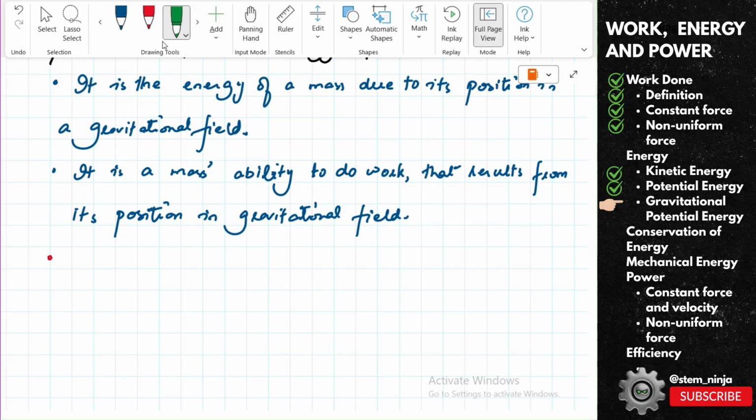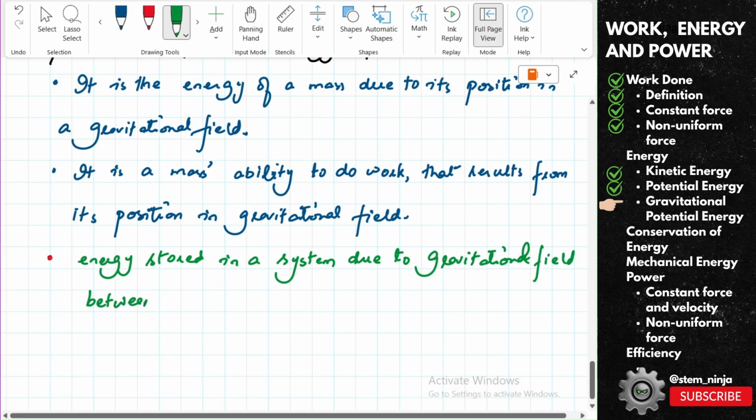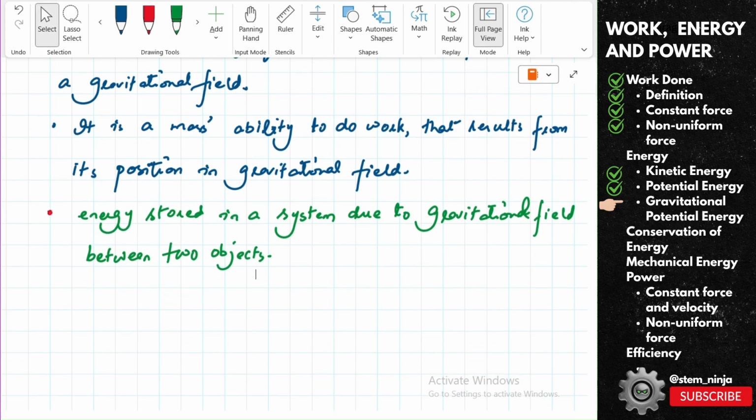So another fun way to define this is the energy stored in a system due to the gravitational field between two objects. Okay, and I think that's more than enough about this.